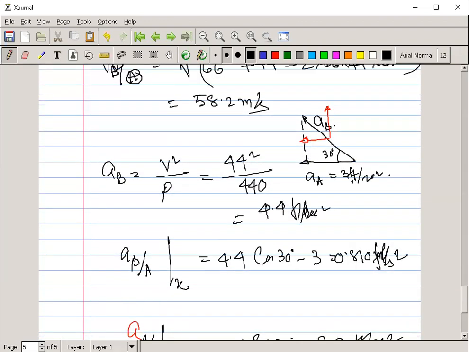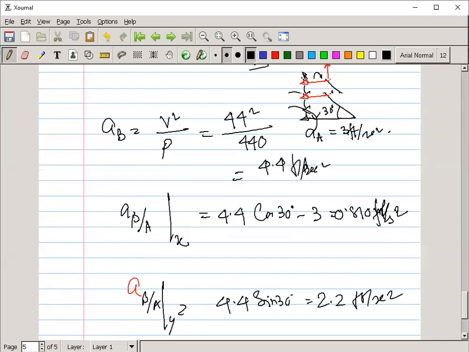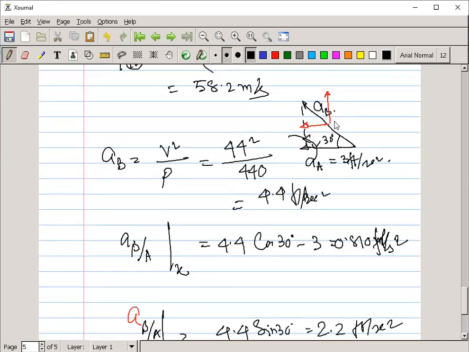Actually, they are talking about this angle. So how to find out this angle? Using the sine law. The sine law says that 4.4, look very minutely, 4.4 is this one, right? So 4.4 divided by sine beta is equal to 3 divided by the sine of 30 degree.